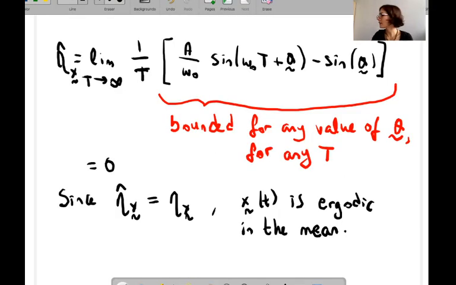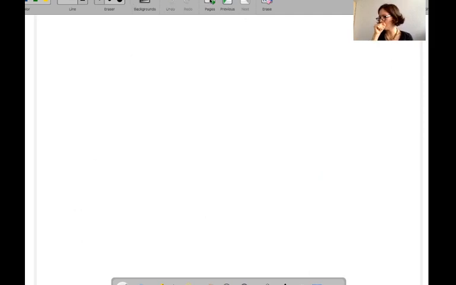Okay, let's look at this one now. Again, let's remember that to be able to even discuss ergodicity, we should first have stationarity. So let's first check if x of t is stationary in the mean, so that it makes sense to talk about ergodicity.